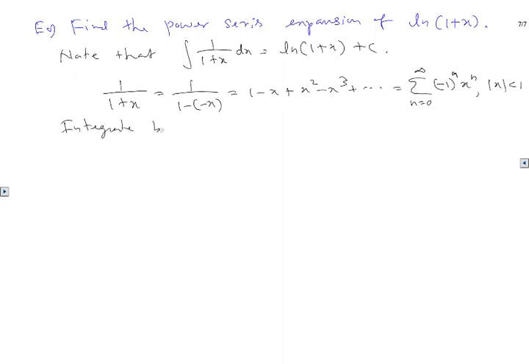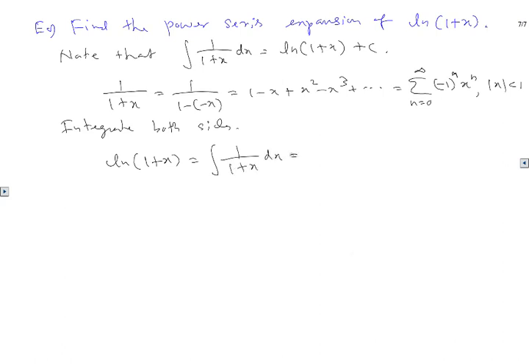Now once you integrate both sides, you're going to get ln(1 + x) on this side. I just ignore the absolute value for the moment, because we know that under the radius of convergence, this is always positive. Then the integral of 1/(1 + x) dx.